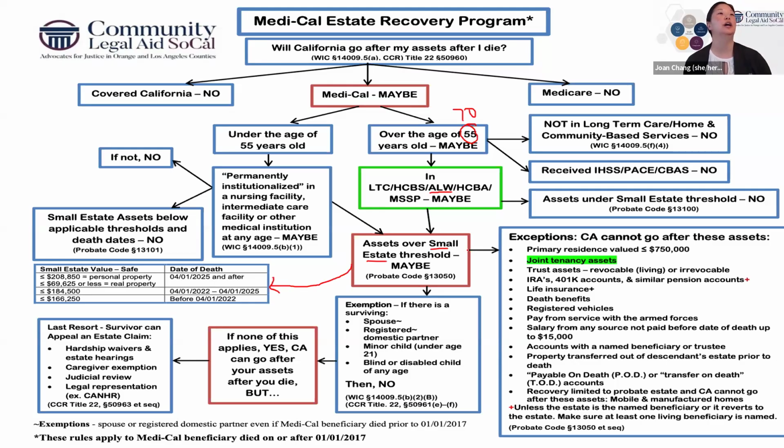For joint tenancy, we were talking about joint tenancy. We were talking about trusts. We also were talking about primary residences valued at or less than 750K. So these are some of the examples that we saw with John. But there's other stuff here. There's a lot of good info on this one-pager cheat sheet.